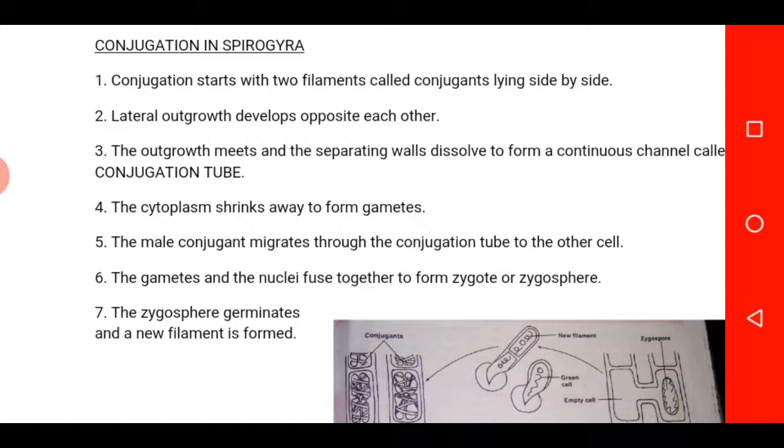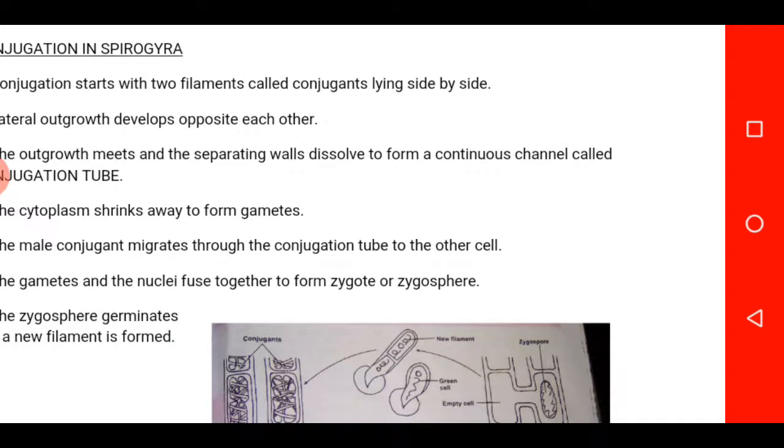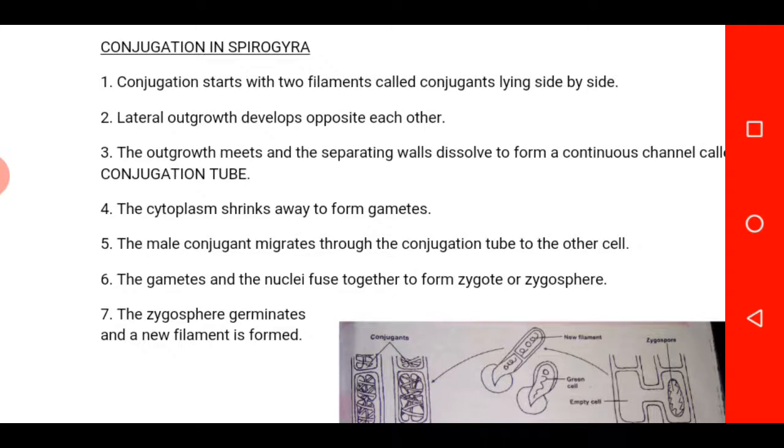That is, the cell wall that separated them will dissolve, and this will form a continuous channel, which is referred to as a conjugation tube. The channel is formed as a result of the separating wall dissolving, and it forms a pathway which leads one cell to the other. So this pathway is called a conjugation tube.